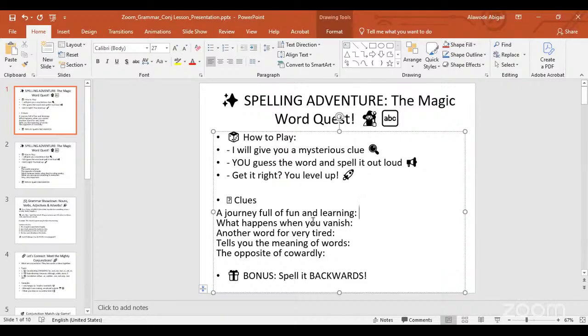You're supposed to pick one clue and spell for me in the chat. So what happens when you vanish? Hold on. A journey full of fun and learning is known as what?